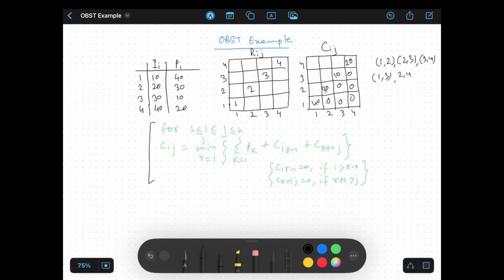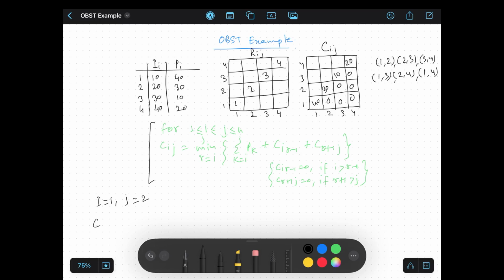After that 2, 4, and then 1, 4. So let's start with the first one. When we are going to do 1, 2, this means i is equal to 1 and j is equal to 2, right?